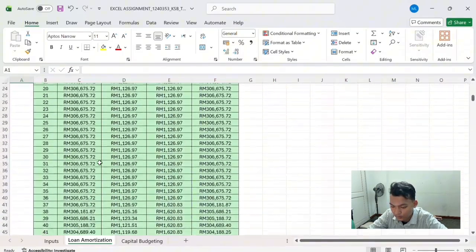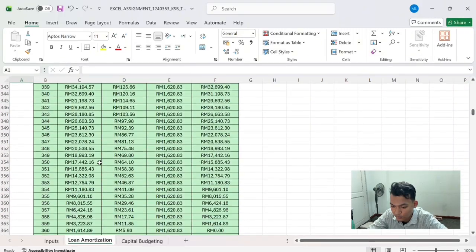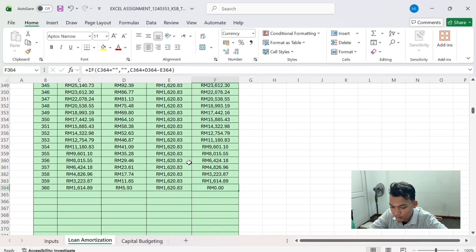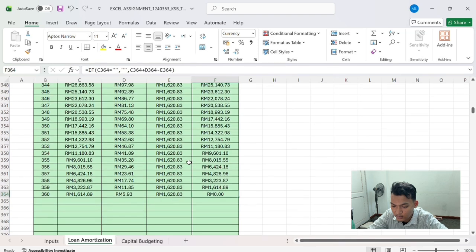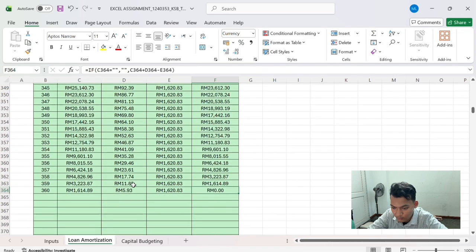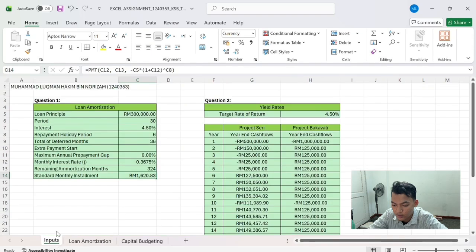If we take a look at the second tab, loan amortization, we have all the table down to 360 months, which is the last month that Amir and Farah should pay for the 30 years period, for the 300,000 ringgit principal amount. So this is for question 1.